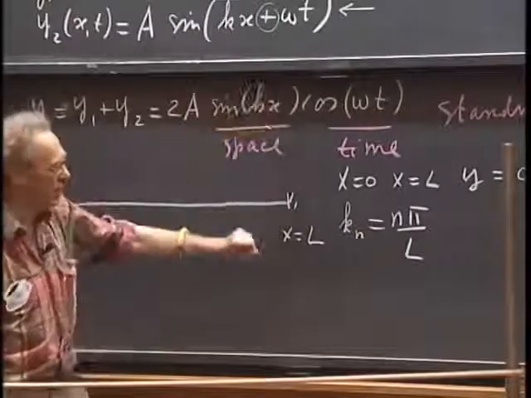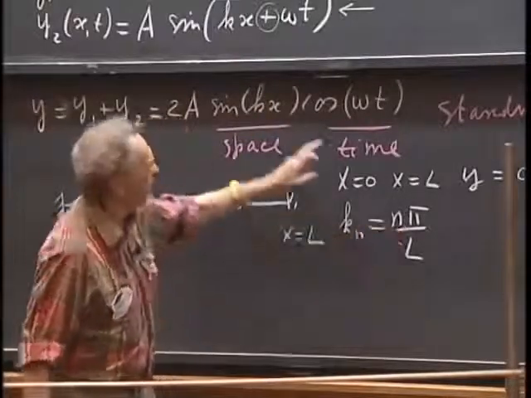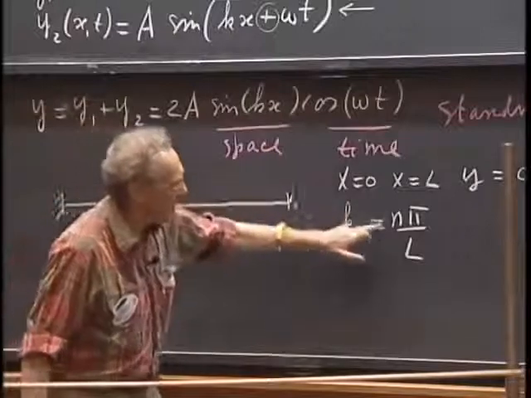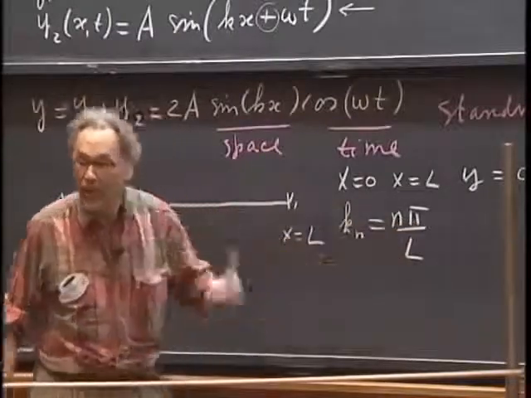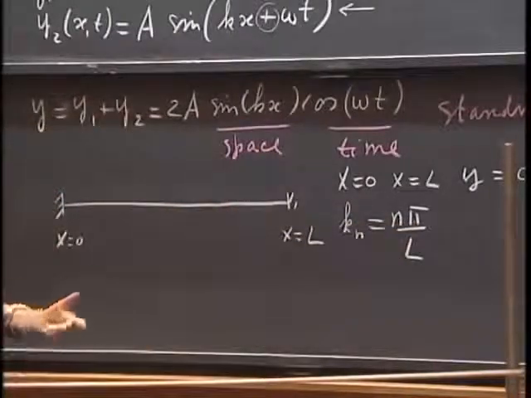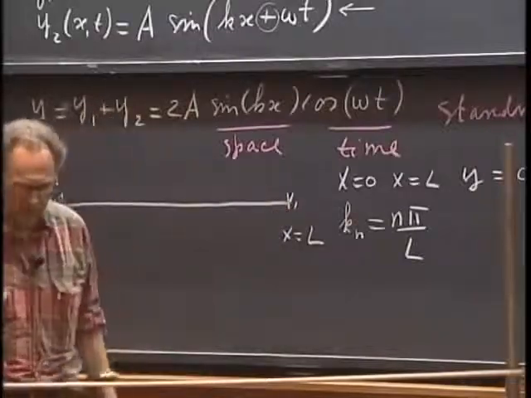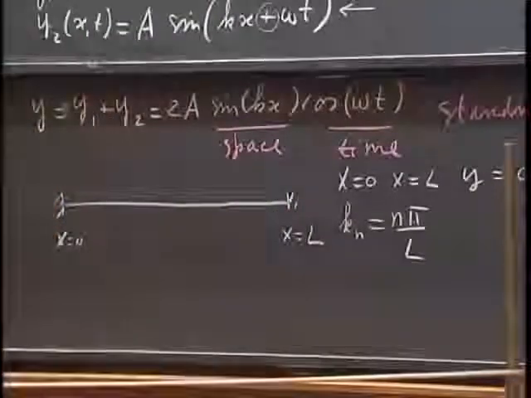That's not an issue. But if x equals L, then you get n times pi, and so again, the sine becomes 0. So I've met this boundary condition that this point cannot move.